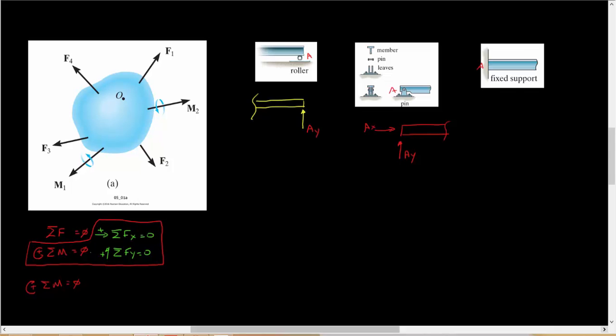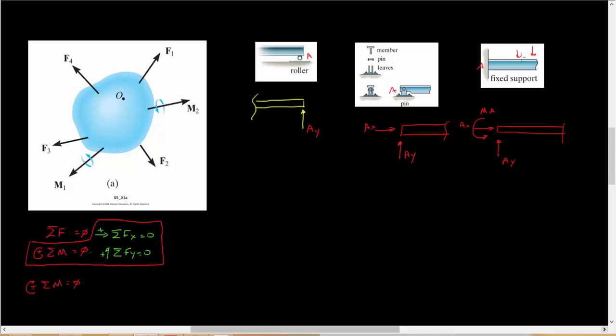And for a fixed support, in my last example, I discussed a fixed support. We would have a Y because it's not allowing it to go up or down at point A. It is not allowing it to move horizontally at point A. And we also have to have a moment about point A in order to hold it.